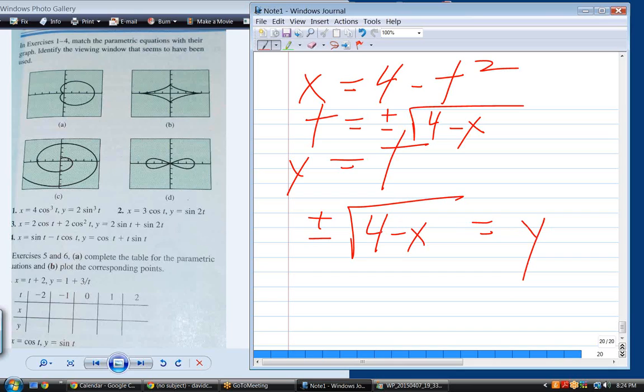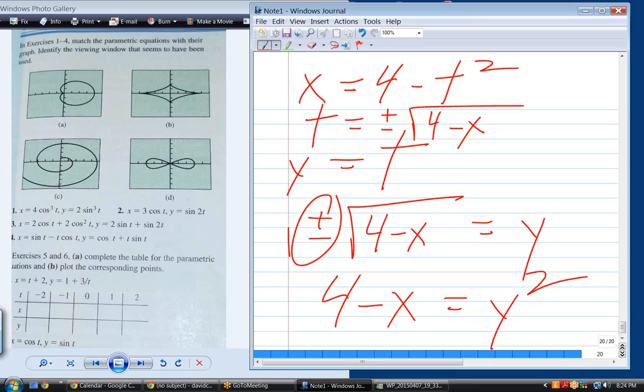Now, the problem says solve for x in terms of y. So my next step would be to square both sides. Notice that when I square the left side, it takes care of that plus or minus also. Oh, okay.